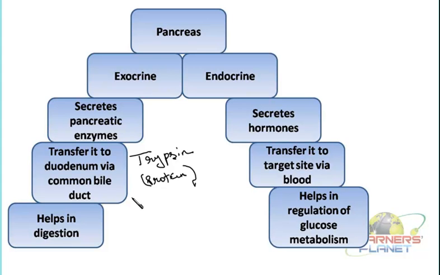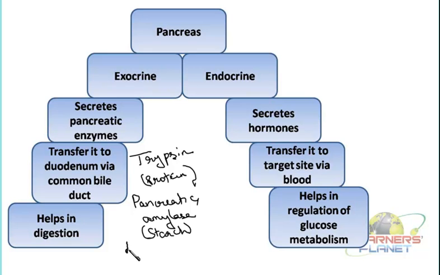Not only this, another enzyme present here is pancreatic amylase. It is important to highlight the word pancreatic, because amylase is also secreted in the saliva. So although amylase is received into the alimentary canal from two different sites, here the pancreatic amylase is coming from the pancreas and helps in the digestion of starch, that is carbohydrates.